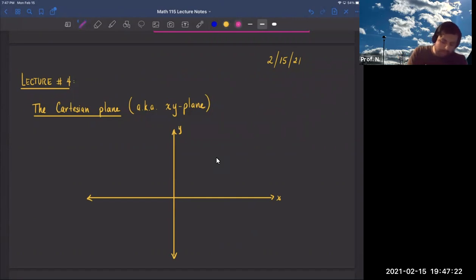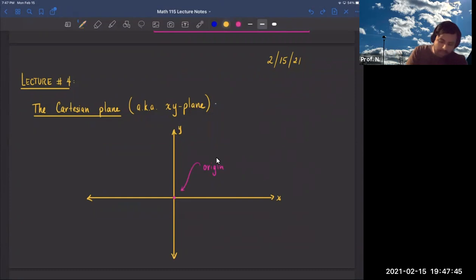And the way this works is that at the intersection of these two lines, we call this the origin. In this Cartesian plane, or in the XY plane, every point has an x and a y coordinate.